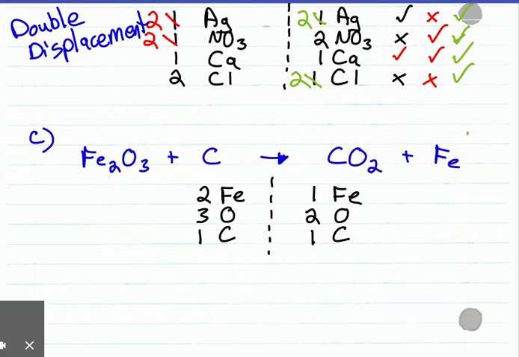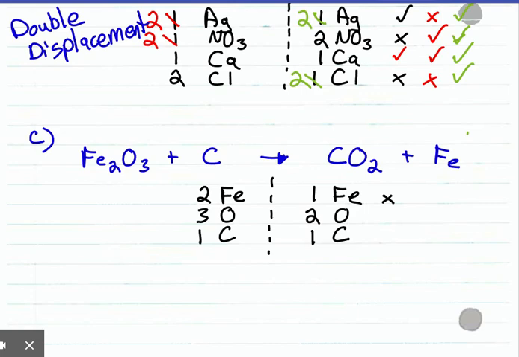Now, this is an example where following the rules is going to actually create more work for you. So we can fix up iron without impacting any of the other elements, except we're going to have to fix it twice, because in order to fix oxygen, we're going to have to do something to the iron oxide, or the iron 3 oxide.